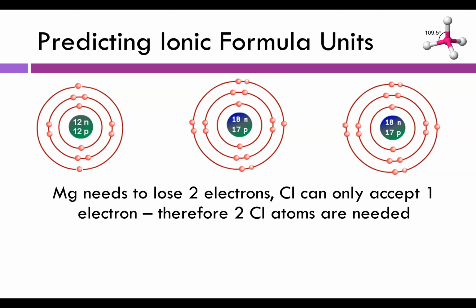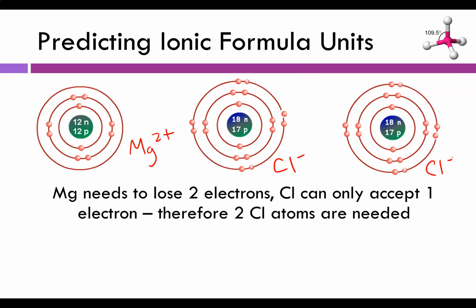What's going to happen is an electron from magnesium will get transferred to one of the chlorine atoms, making it an Mg+ and then a Cl-. And that second electron will get transferred over to the other chlorine atom. Now I've got Mg2+, I have a Cl-, and another Cl-.